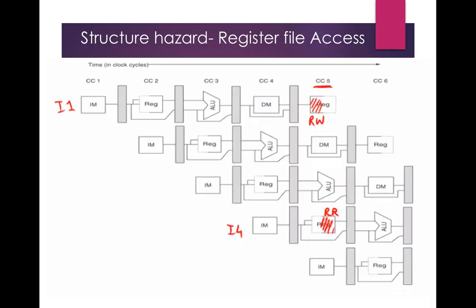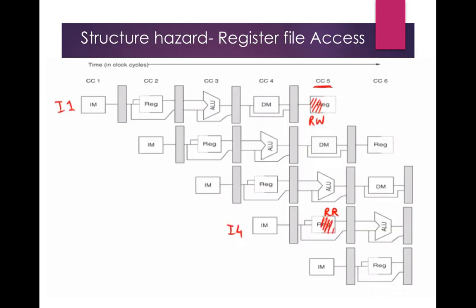So this is how we have divided the register into two parts to show register read and write happening in the same clock cycle, but with no conflict. During clock cycle 5, for instruction 1, the register write will take place in the first part as mentioned in the diagram. And for instruction 4, I4, in the second part the register read will take place, while in the first part only the decode takes place.